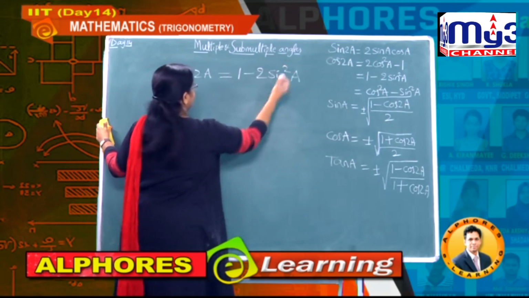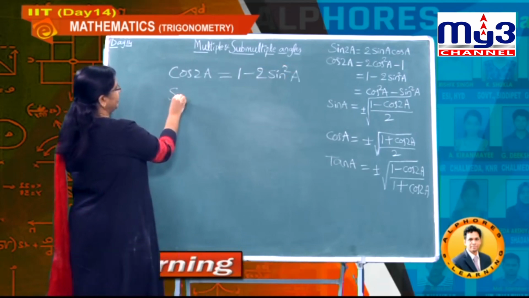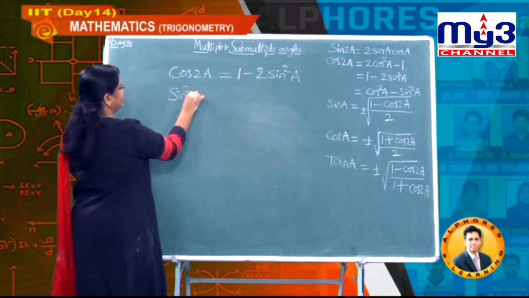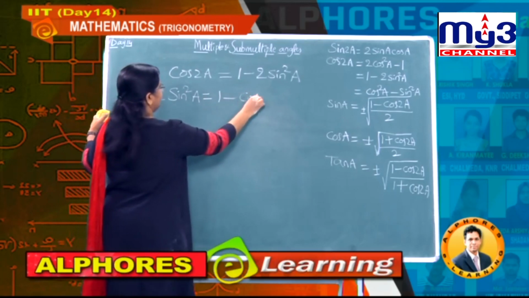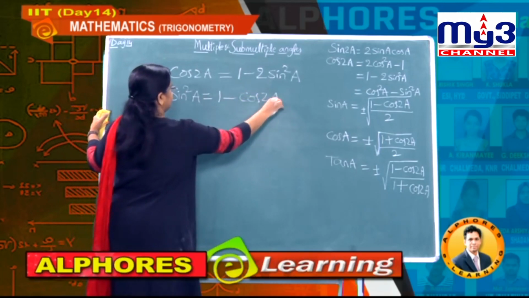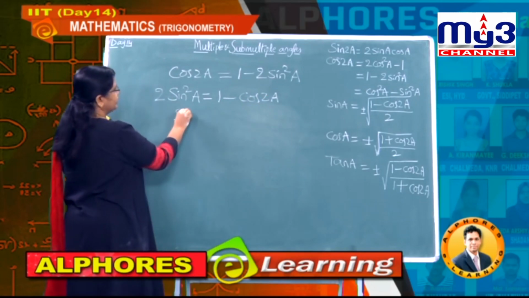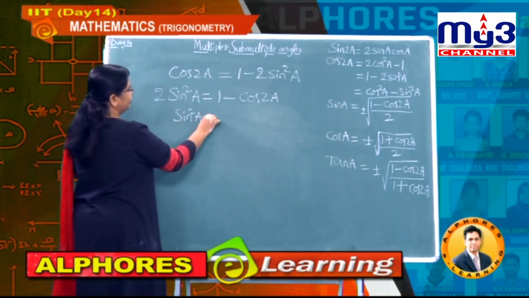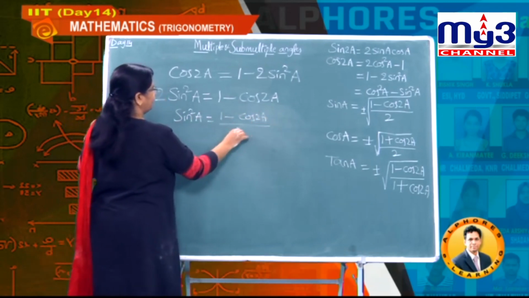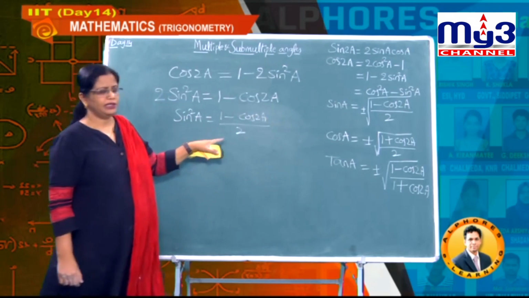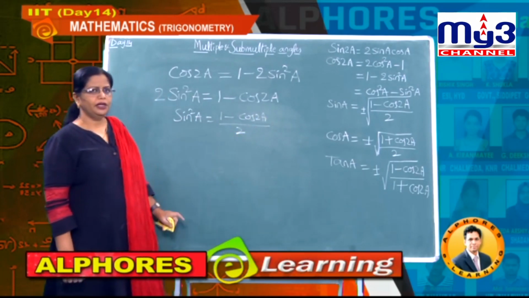Now students, if I use this formula, then 2 sin square a equals 1 minus cos 2a. Now let us divide by 2, therefore sin square a equals 1 minus cos 2a, whole divided by 2. So you got sin square a equal to 1 minus cos 2a by 2.